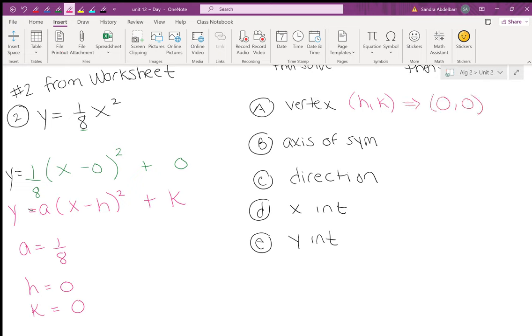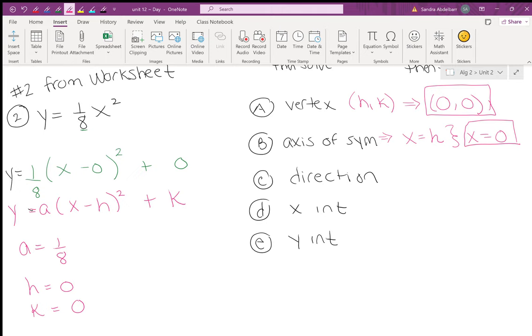0, 0. Now, our axis of symmetry, as I told you on the last page, because this is a vertical parabola, will be a vertical line, which is going to be x equals h. Didn't we just say h was 0? So our axis of symmetry is x equals 0. Am I going too fast, or are you all following along? David?